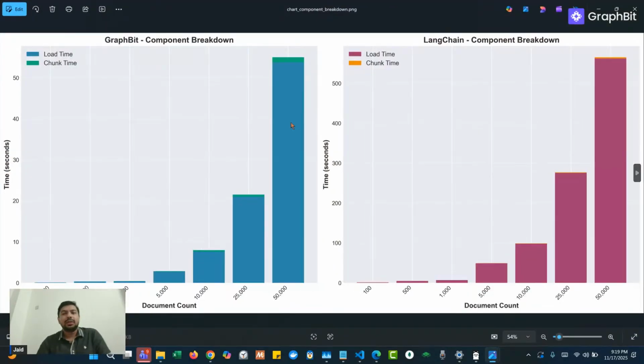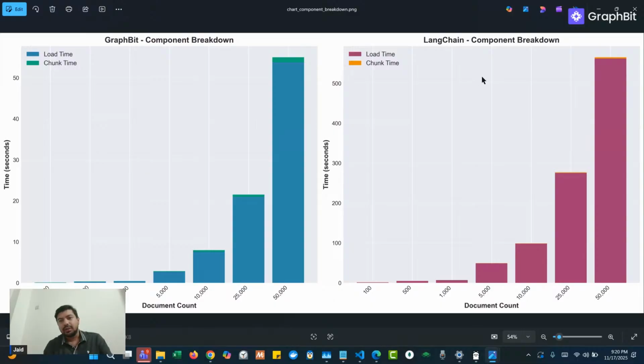First, in this visualization, on my left side, you can see GraphBit's component breakdown. We have put the document count on the x-axis, the quantity of how many documents have been processed, and on the y-axis the time elapsed, the time really taken to process all those documents.